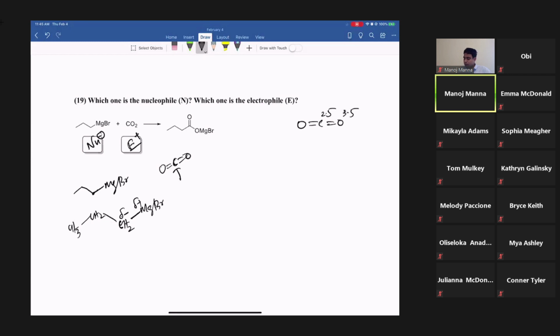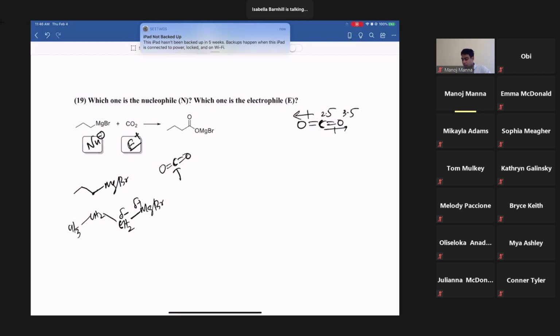So you have a charge separation, with dipole moments in this direction and this direction. That means this carbon is electron deficient, because oxygen is pulling electrons from both directions. Make sense? Yes, thank you. So in this case, carbon dioxide reacts directly with the Grignard reagent.